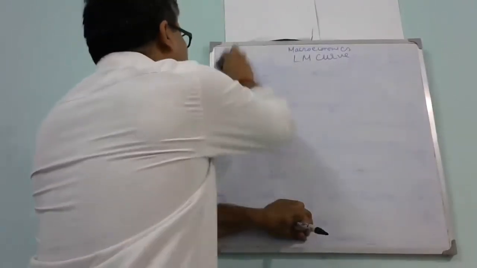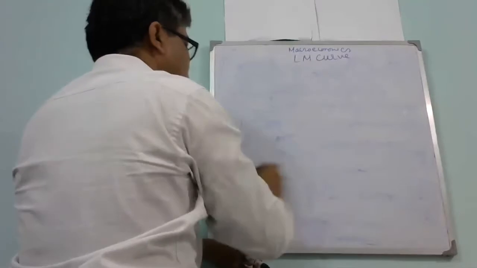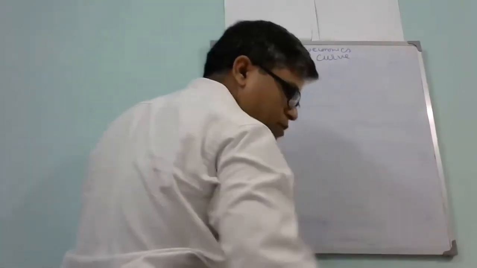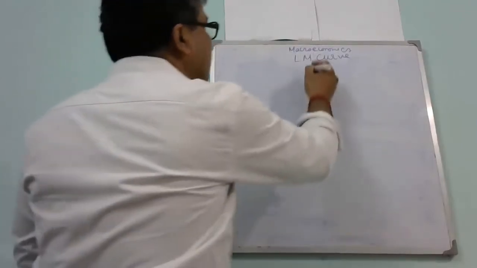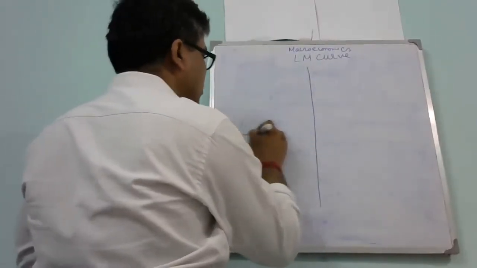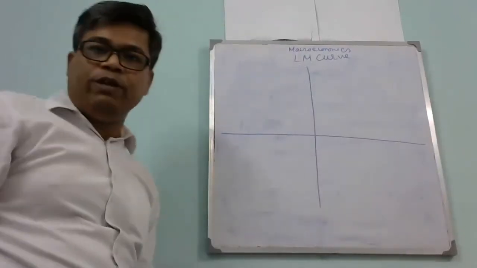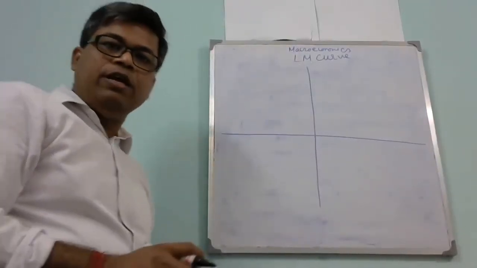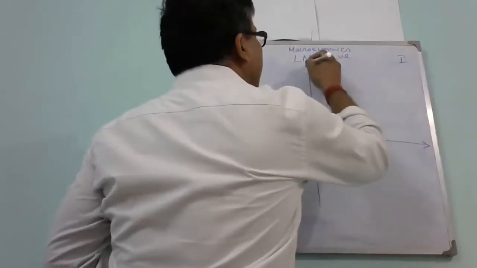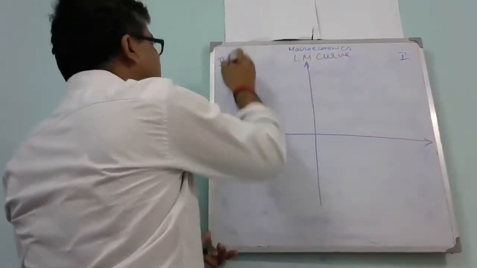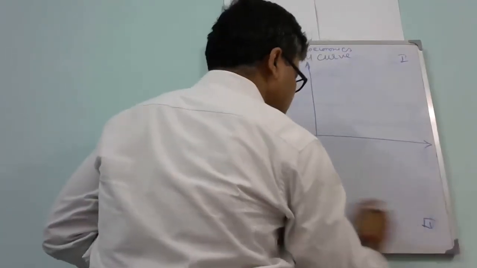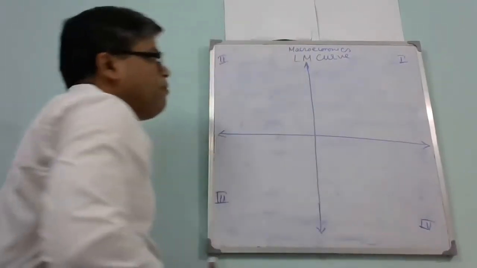Similarly, here we will be drawing a four-quadrant diagram for drawing the LM curve. Suppose there are the first quadrant, the second quadrant, the third quadrant, and the fourth quadrant.